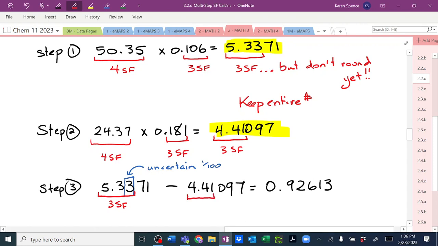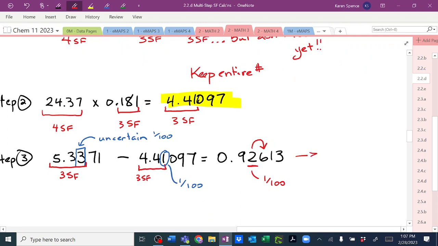Here I also have 3 sig figs, and my uncertain digit is also in the 1/100th position, which means that in my final answer, when I do a subtraction, my uncertainty should be in the 1/100th position. So that means when I round off now, I have to round to the 100ths. So I look to the right of the 2, and that would cause me to round that to 0.93.